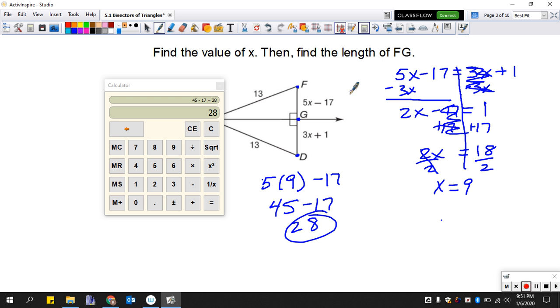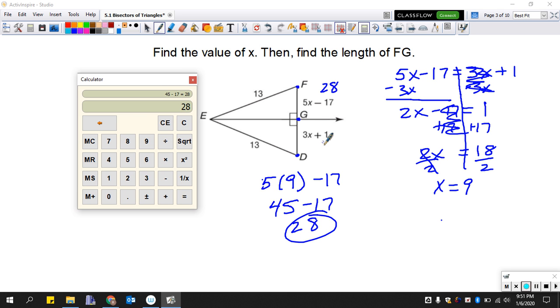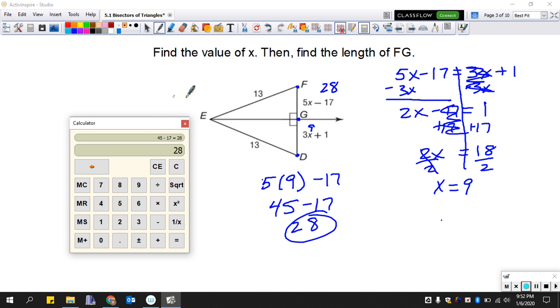So the length of this side is 28. Obviously, the length of the other side is also going to be 28. And if you plug it in, 3 times 9 is 27, plus 1 is 28. We can figure that out because this is a perpendicular bisector.